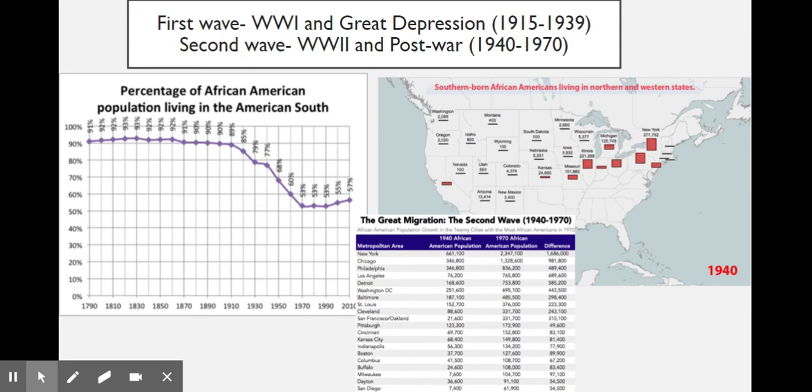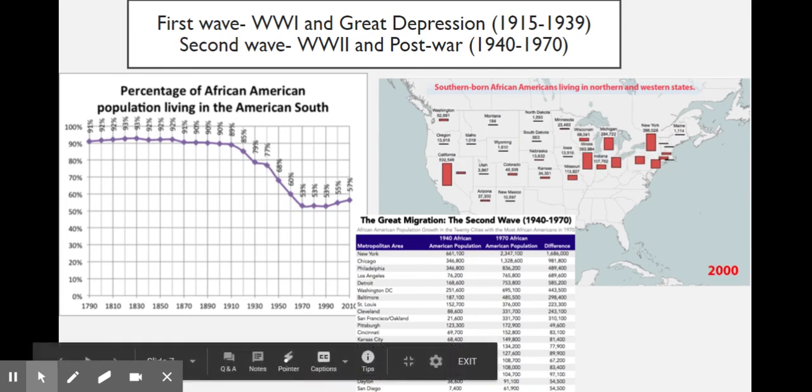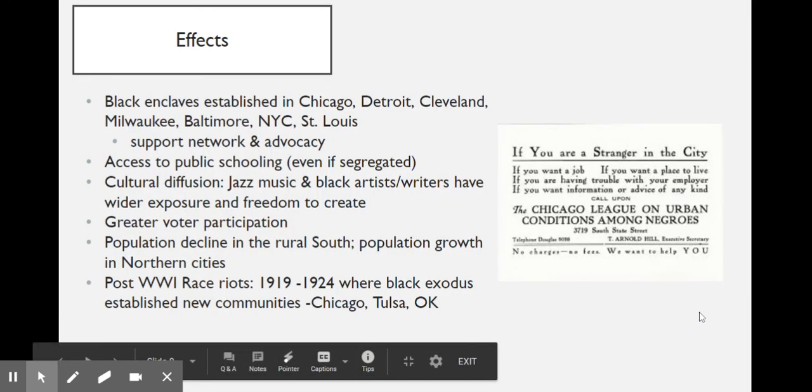By 1970, only 50% of African Americans live in the South. So, over the course of 55, 60 years, you are going to see a significant movement of people who are really going to create a new life for themselves in ways that they couldn't where they had lived before.